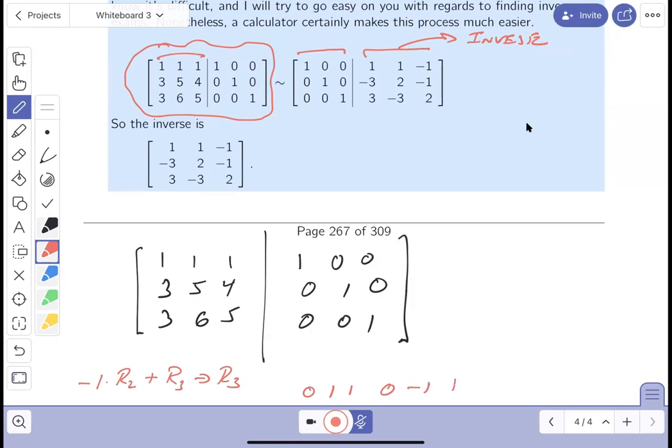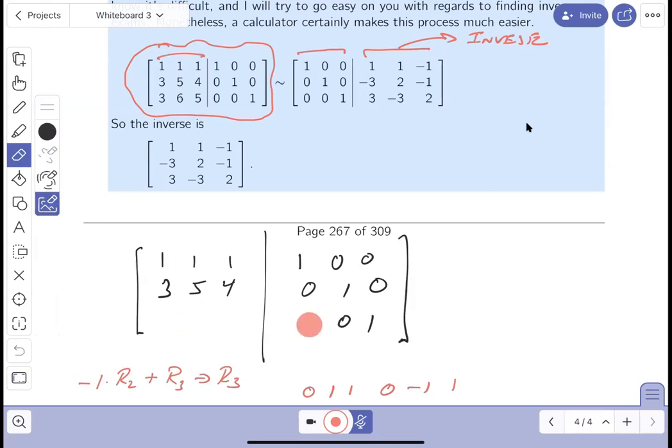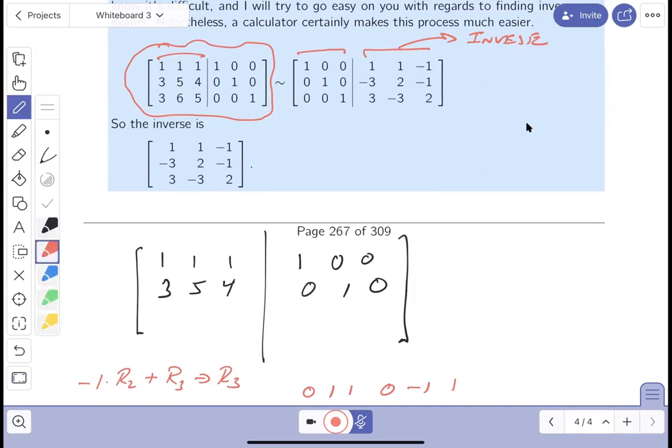I'm going to put my eraser out now. I'll write that down for you. Right, 0, 1, 1, 0, -1, 1.